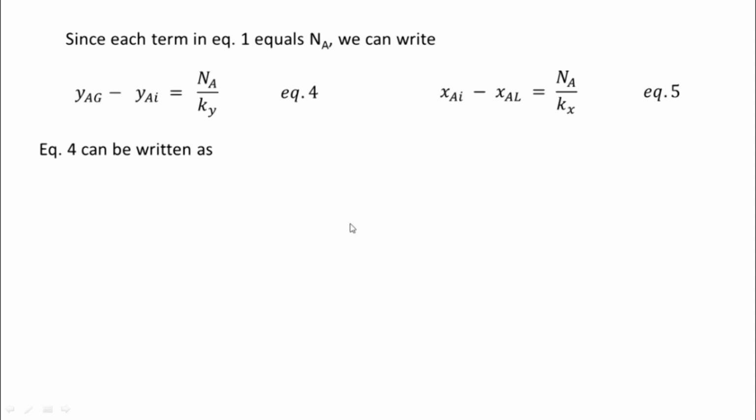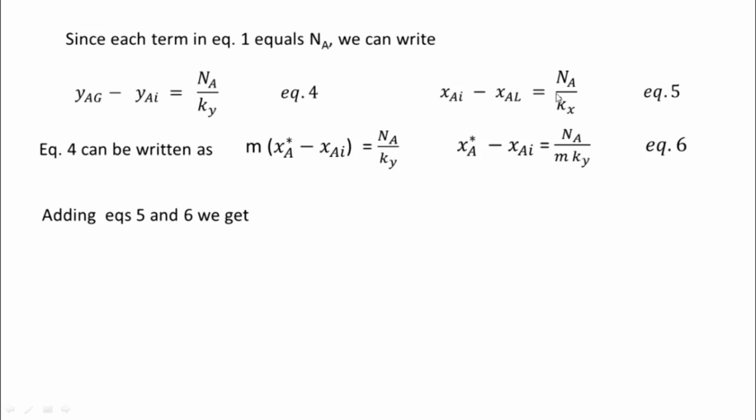Equation 4 can be written as, we are replacing this with the liquid side concentrations. M times Xa star is YAG, M times XAI is YAI, therefore M times Xa star minus XAI is Na by Ky. Similarly, Xa star minus XAI equals Na by Mky. We'll call this equation 6. This is just dividing both sides by M.